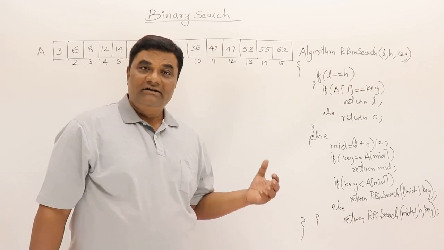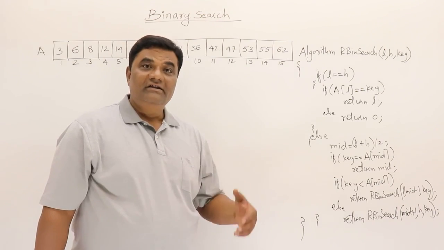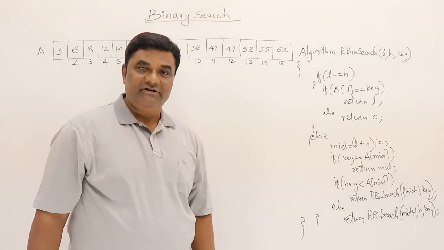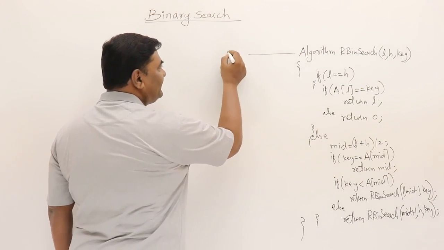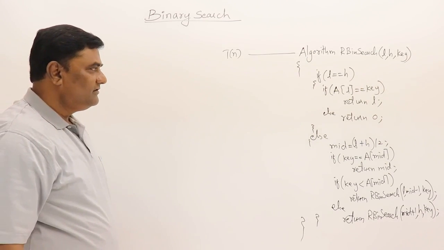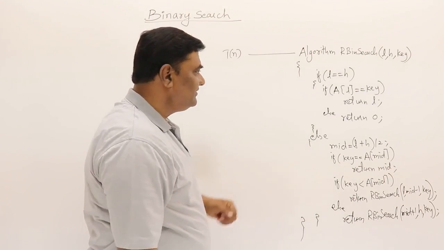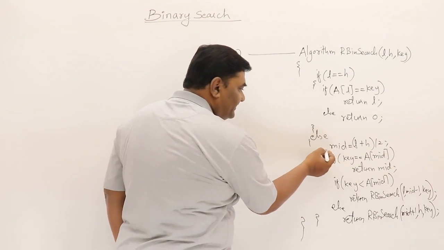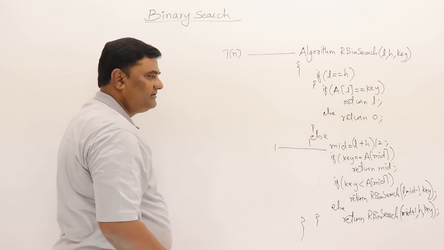Now, for divide and conquer algorithms, time complexities are found using a recurrence relation. Let us prepare a recurrence relation for this one. If I say this algorithm takes T(n) time, then what is it doing? This is a small problem and this is a large problem. In this one, it is calculating mid and also checking conditions.